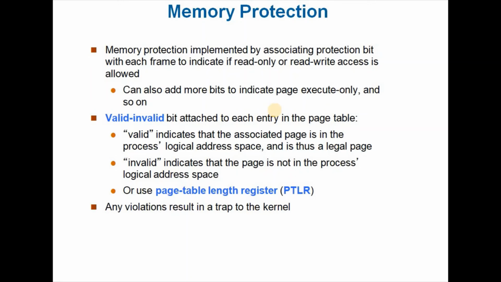Or use the page table length register, which gives the length of the page table and avoids the problem of accessing unauthorized pages. Any violations result in a trap to the kernel. That is, it will be an error.